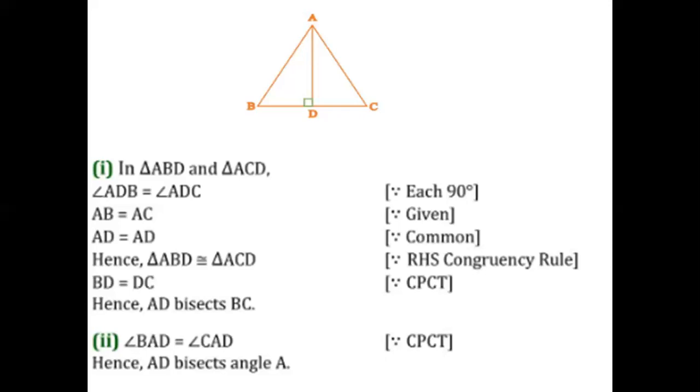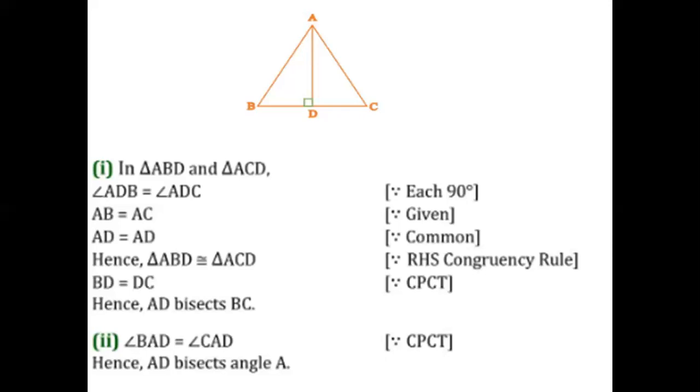Now, which rule does it apply over here? Hello, my dear students, we have got a 90 degree as one of the angles. So let us check whether RHS does apply over here. So RHS, right angle. Do we have a right angle? Yes, we have a right angle. H stands for hypotenuse. Are the hypotenuses equal for both the triangles? Yes. AB is equal to AC.